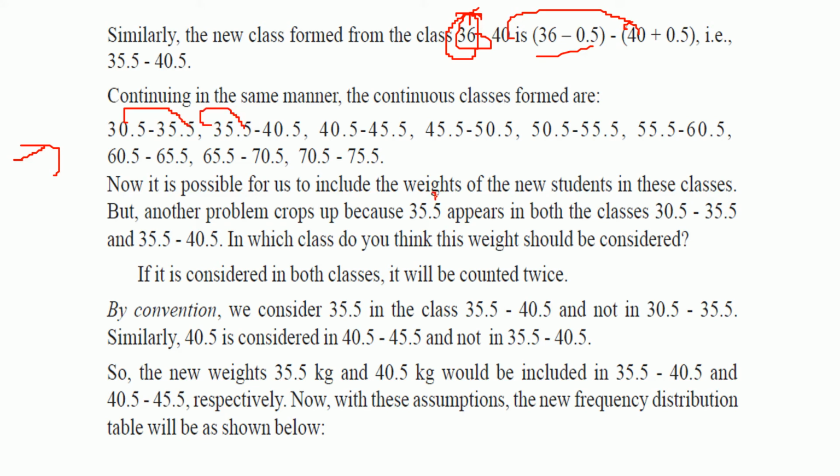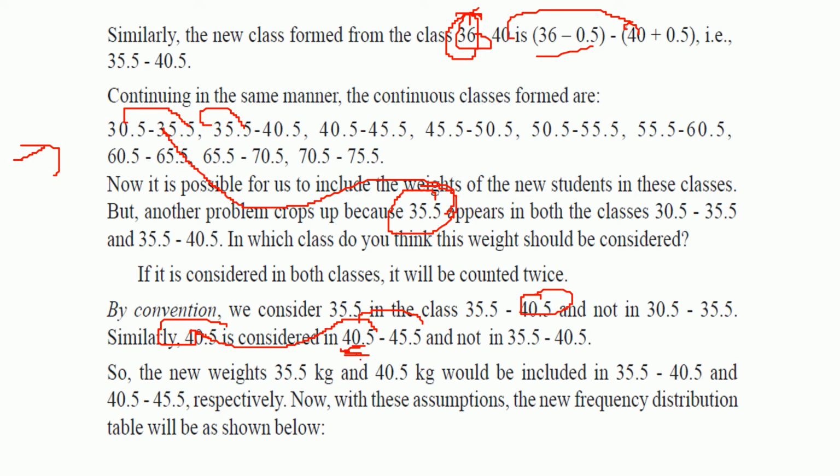Now if you want to put 35.5, you can easily put it in this class interval. If you want to put 40.5, it is included here, not in the other interval, because the lower limit is always included here.